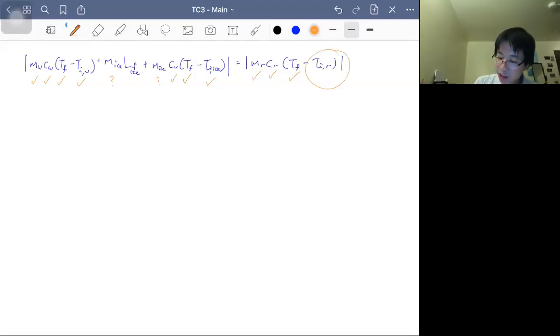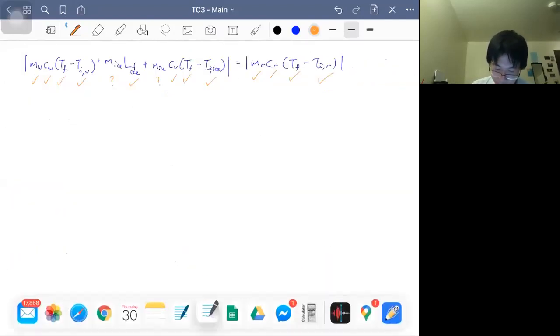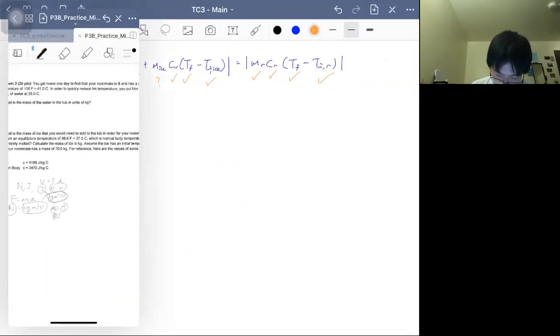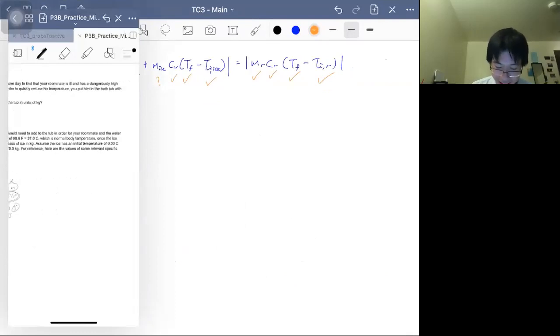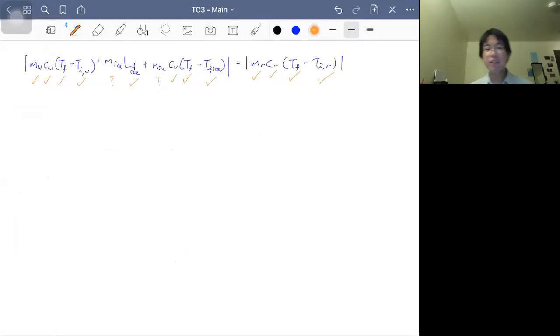And the initial temperature of the roommate, yes, 41 Celsius, so we know this. But as you can see, you have to know L F as well. Is it given explicitly? No, but in the midterm, these have to be given.